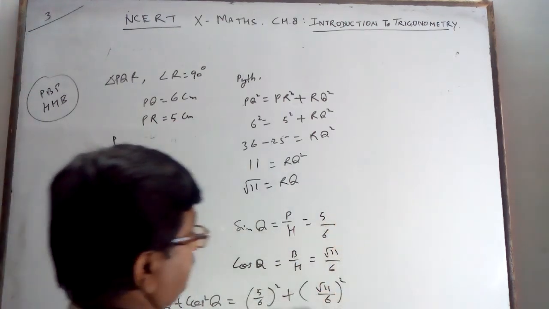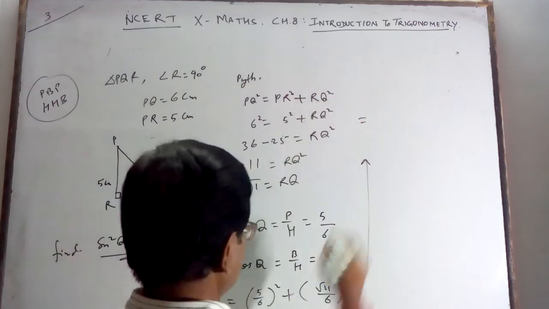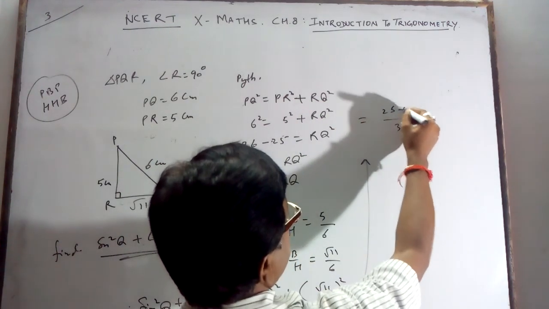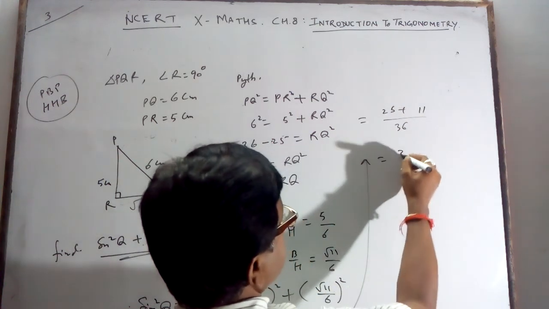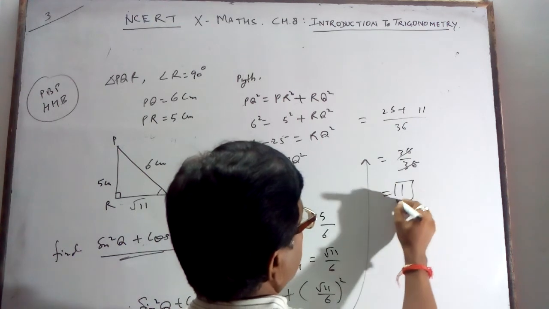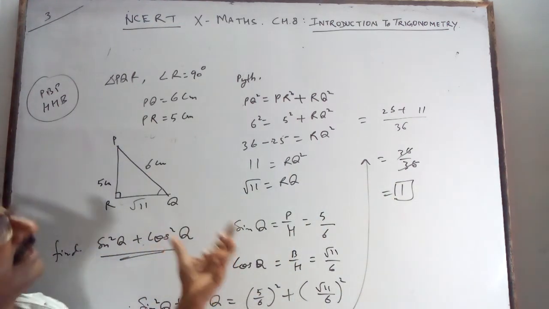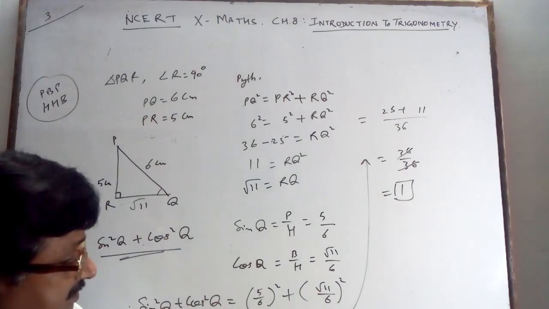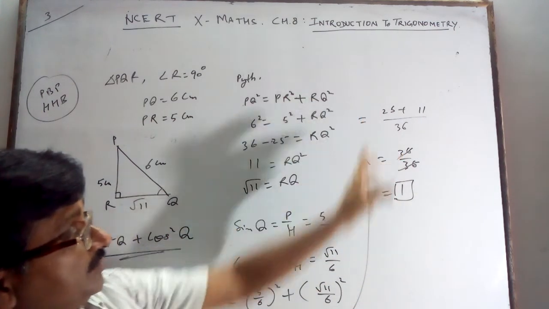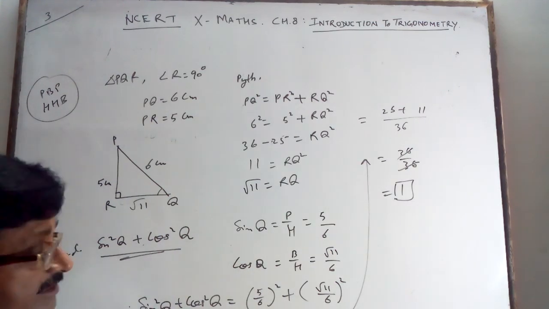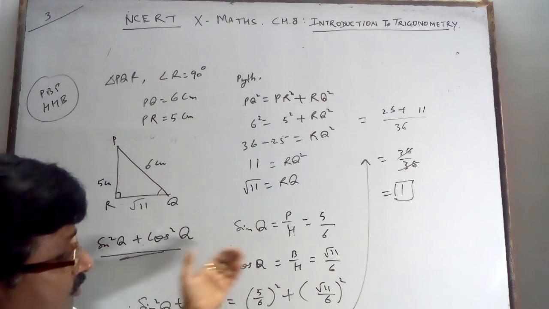Then take LCM 36: 25 plus 11, because the denominator is the same, so you add it. You get 36 by 36, which cancels. Your answer is 1.